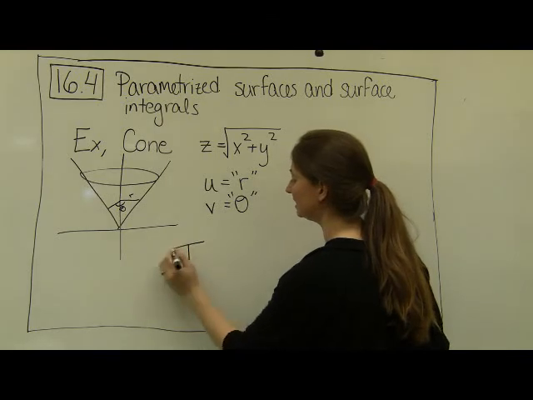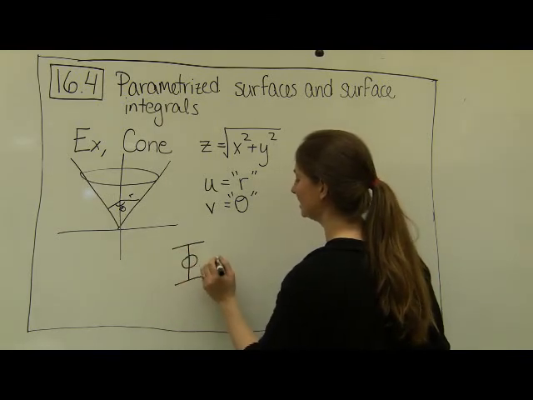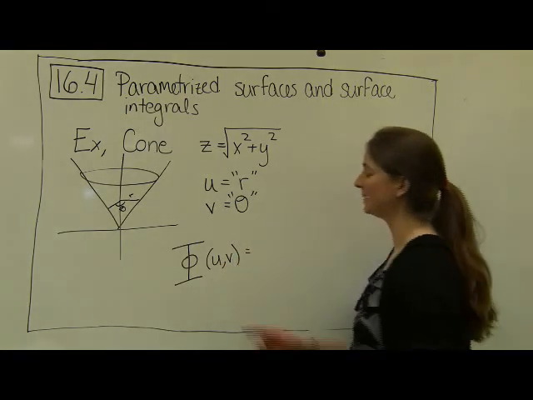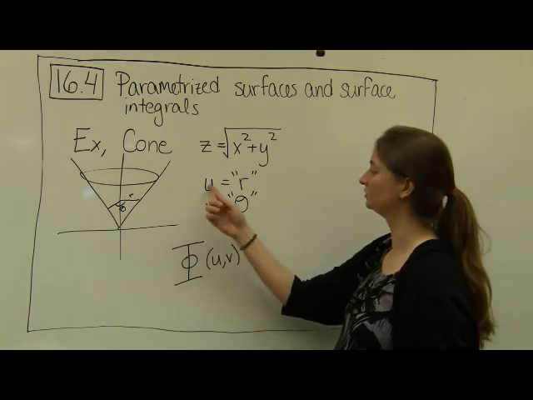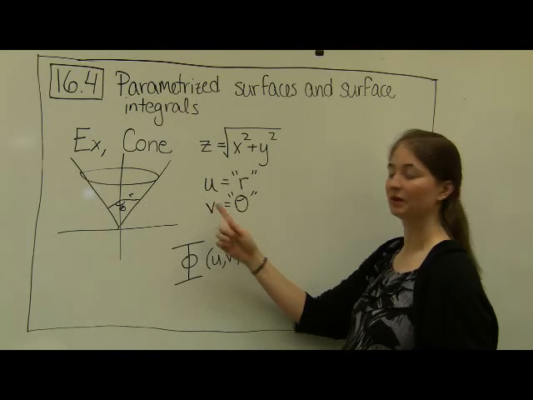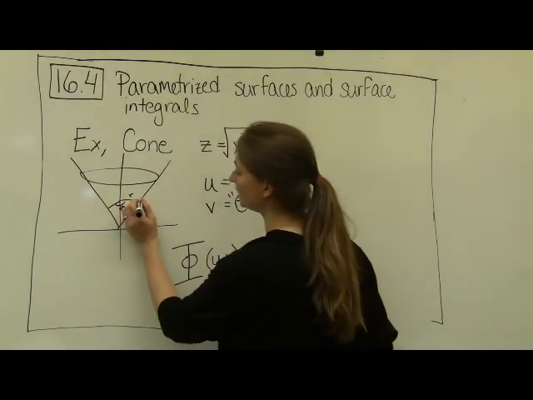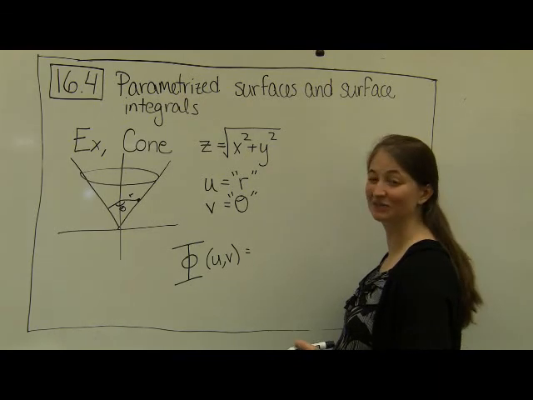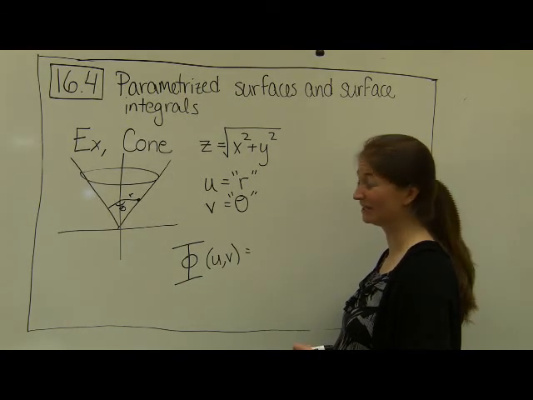So when setting up my phi function in this case, I still am looking for a way to express my x value in terms of u's and v's. So if I pick a random point on this cone, I need to be able to tell what is the x value at that point, right?